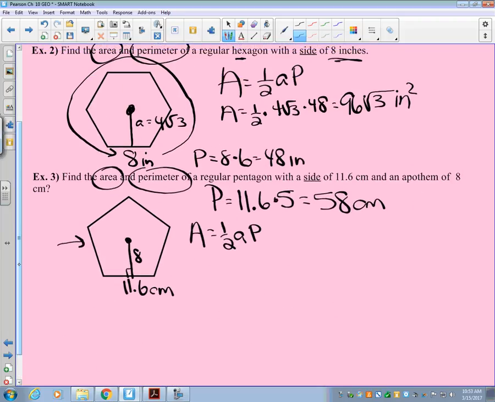It's really hard for me as your teacher to figure out where you went wrong when I can't check whether you've used the formula correctly. So 1/2 times the apothem times the perimeter. Half of 8 is 4, and 4 times 58 is 232 centimeters squared.